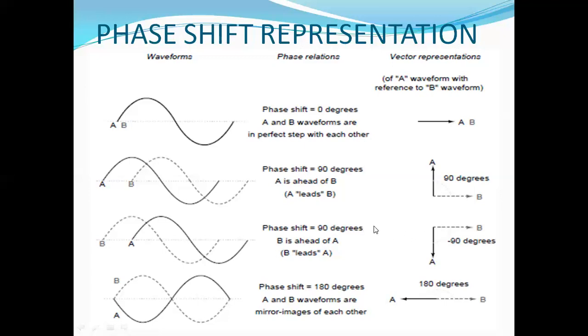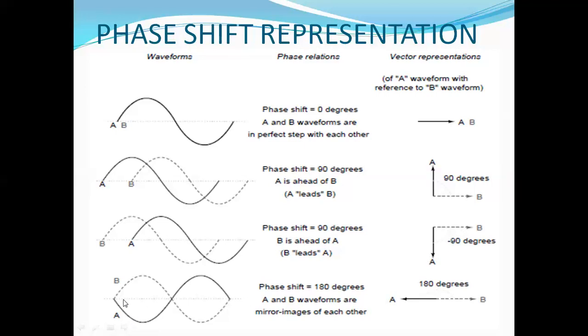B's phasor representation is a straight line along the 0 degree axis, while A's phasor is at minus 90 degrees, meaning along the negative y-axis. This is the representation of A's phasor diagram, and this is the phasor for the B waveform. The phase difference between them is 90 degrees, and A is lagging behind B, that's why it is minus 90 degrees.